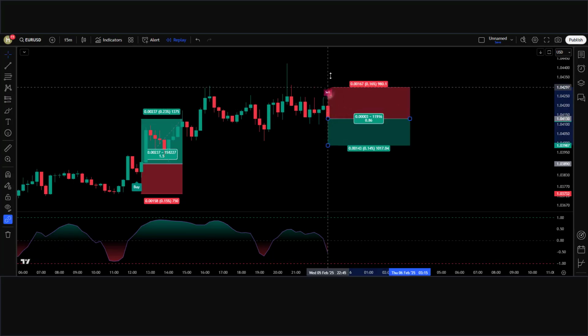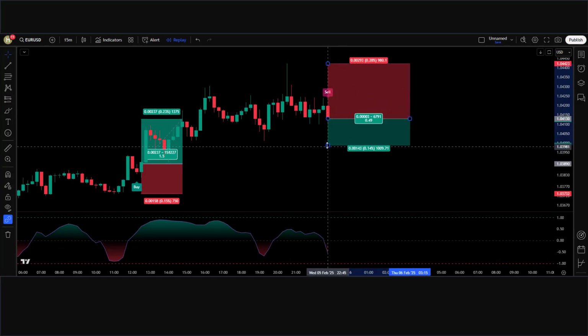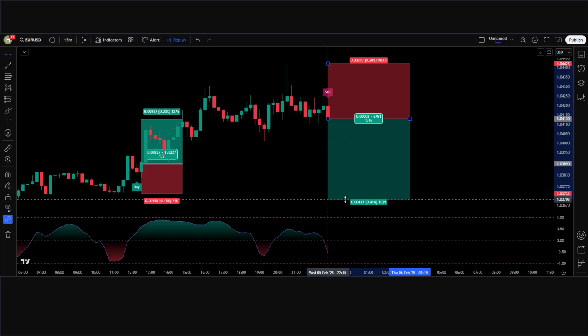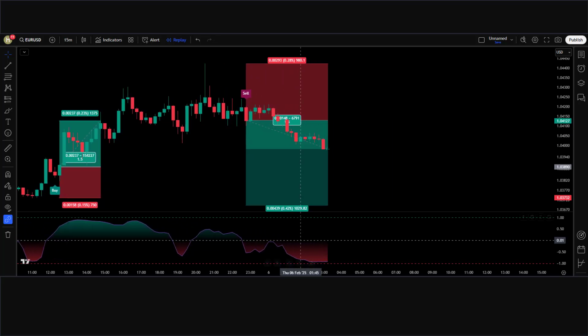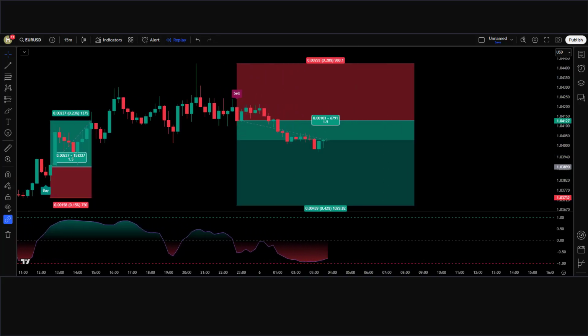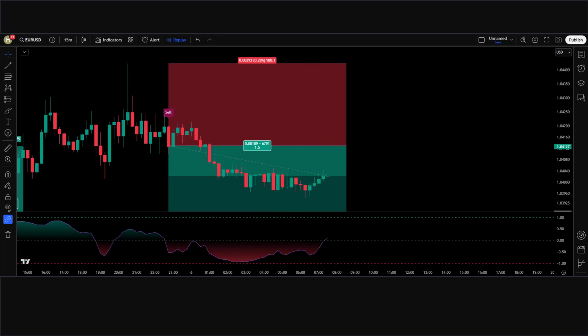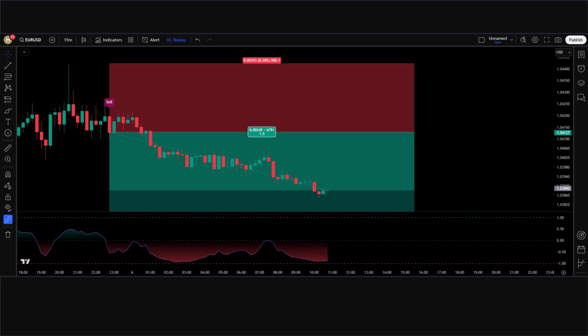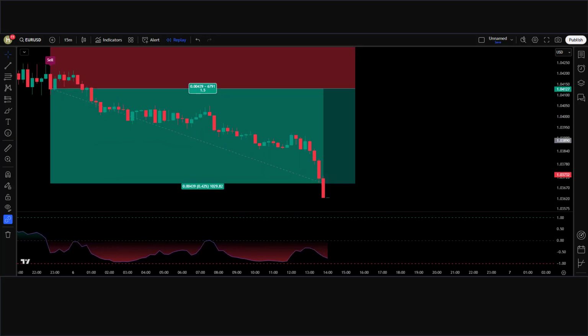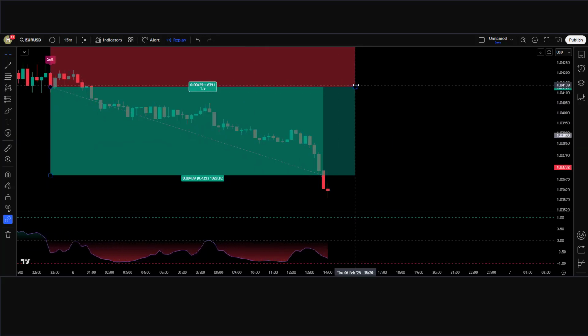Our stop loss will be placed at the current market's higher level, and the risk to reward ratio will be 1:1.5. The market has completely hit the target.